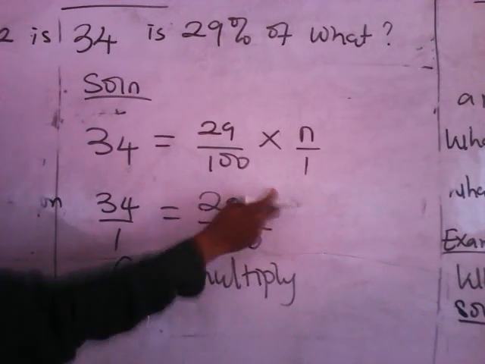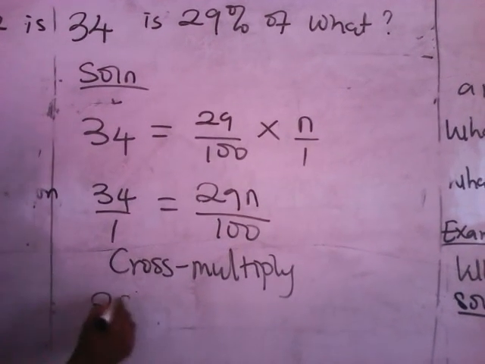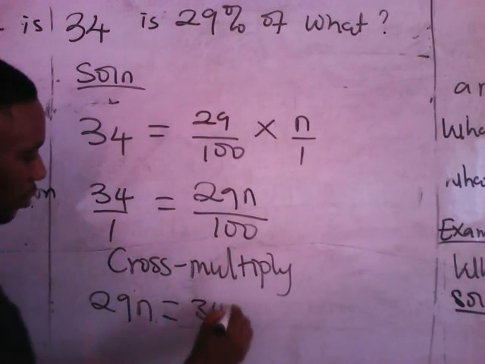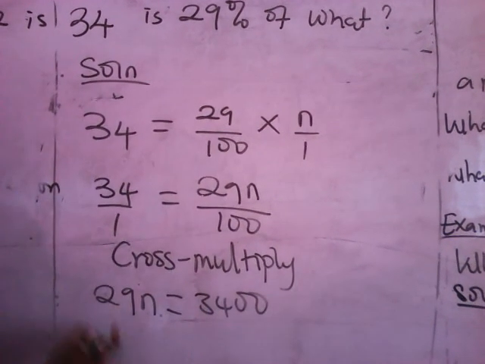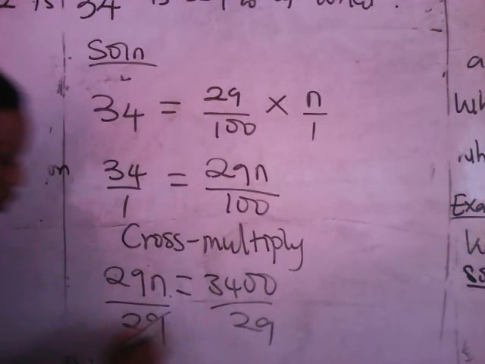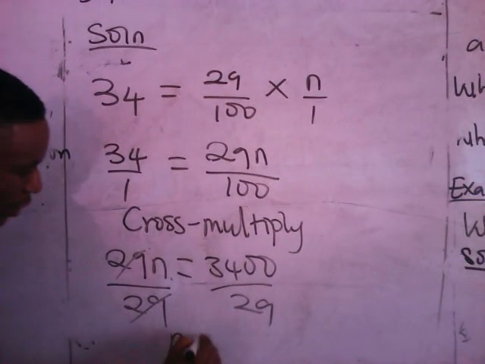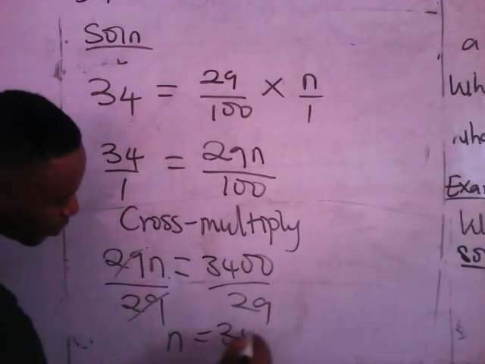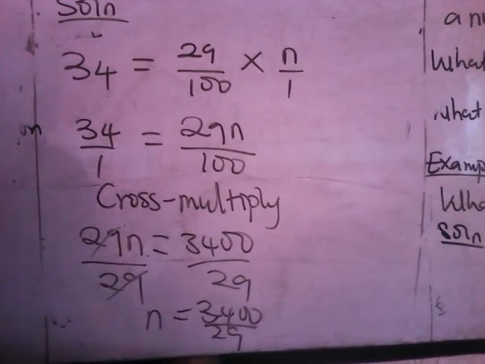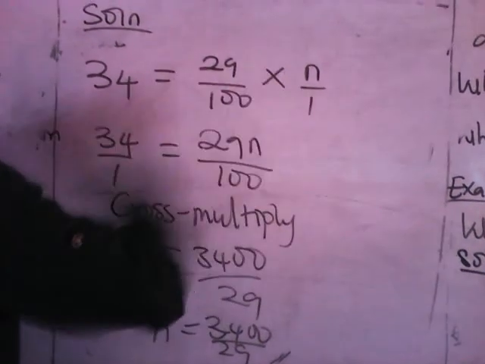So 29n times 1 will give you 29n equal to 34 times 100 is 3400. Because we are looking for the value of n, we divide both sides by 29. So when you divide, you see that n is equal to 3400 over 29. So when you punch it out, you will get the value of n.